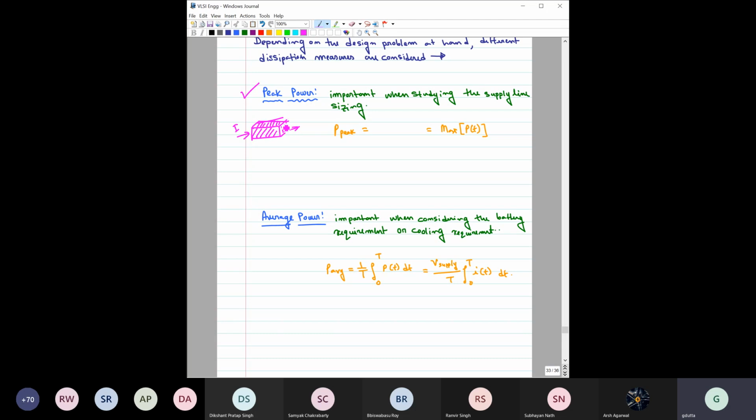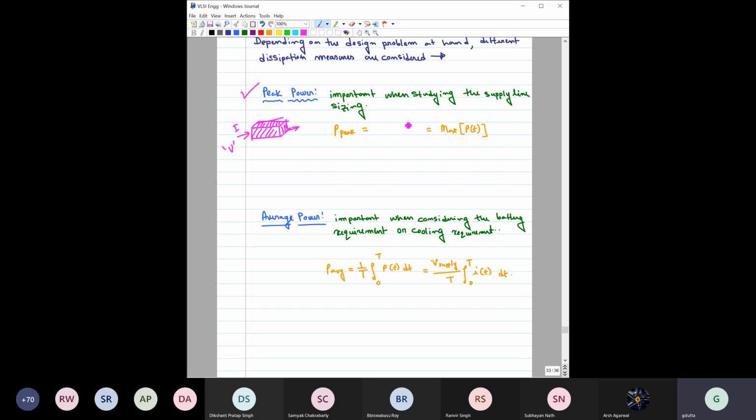Because the voltage is not changing, you have kept it fixed, VDD is fixed. The only thing is that all of a sudden the current can change. So the wires you provide, or the metal lines, or maybe the polysilicon lines, should be able to handle that current, right? So the peak power is important when you are sizing the supply line.